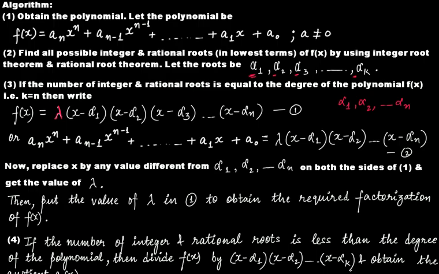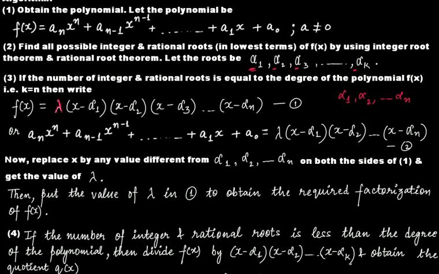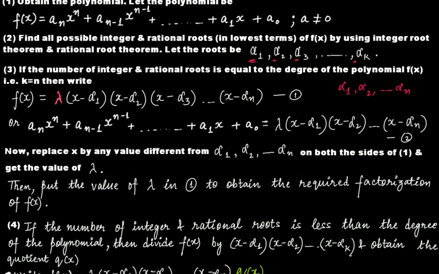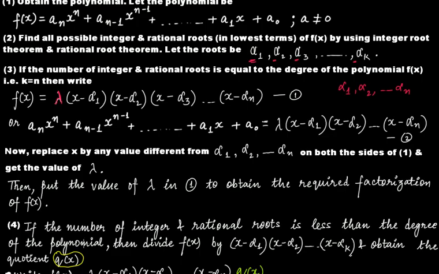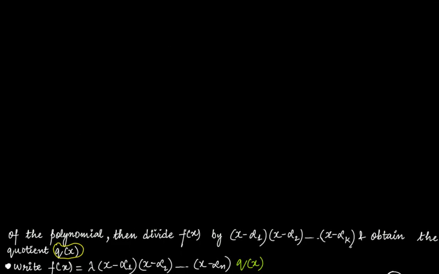That's what point number 4 is talking about: obtain the quotient q(x). So we have obtained the quotient q(x). I'm not going to read everything written here, otherwise it will take time; I'll explain it.